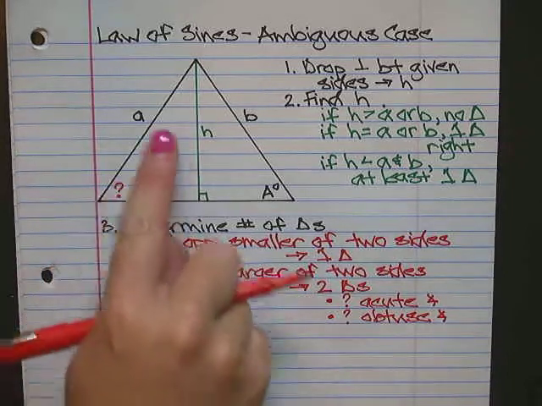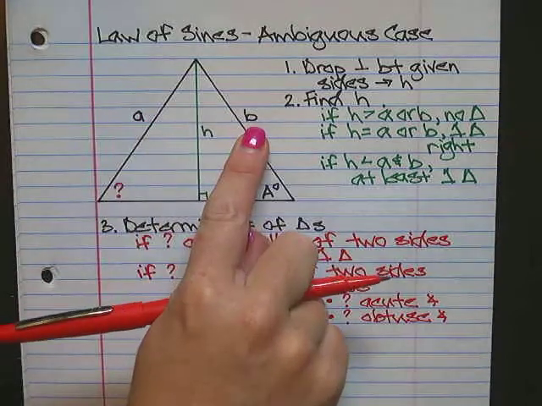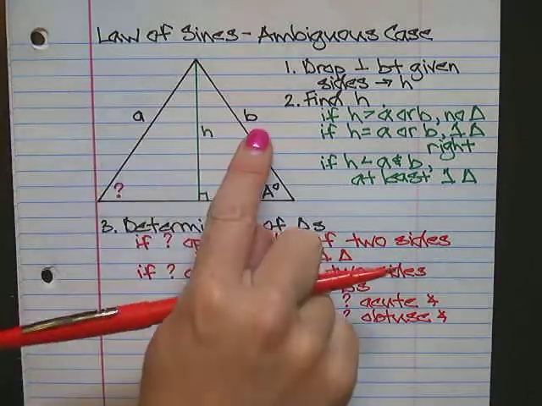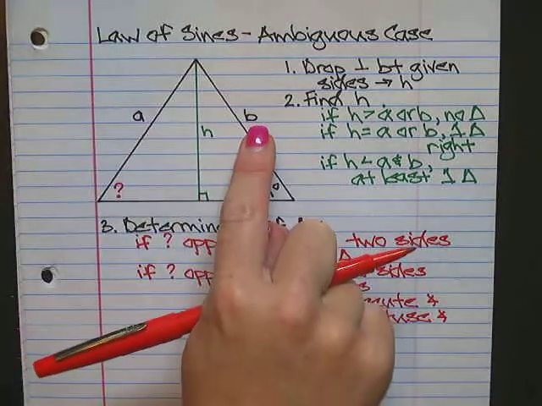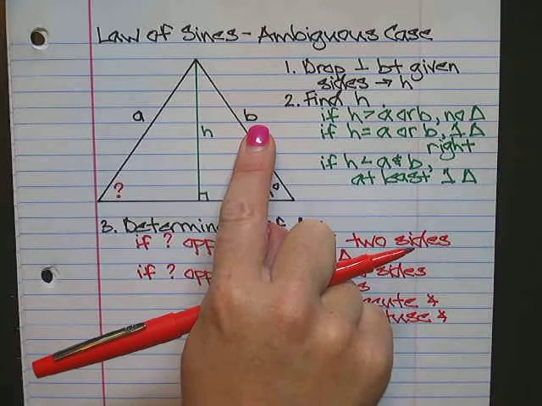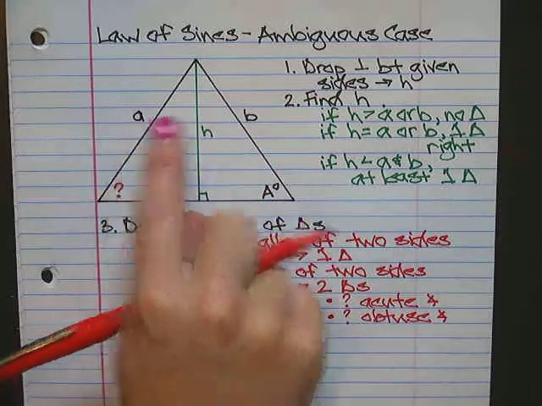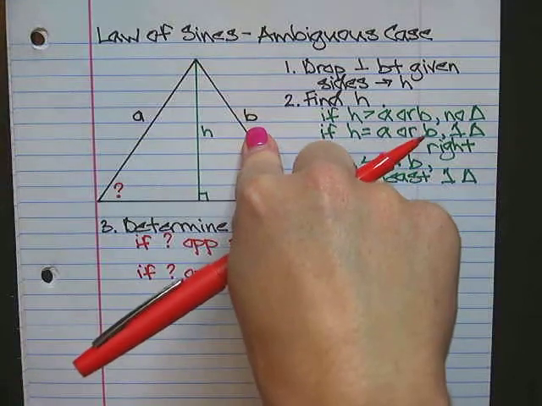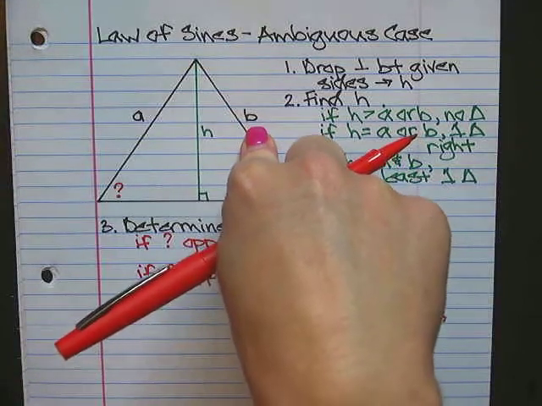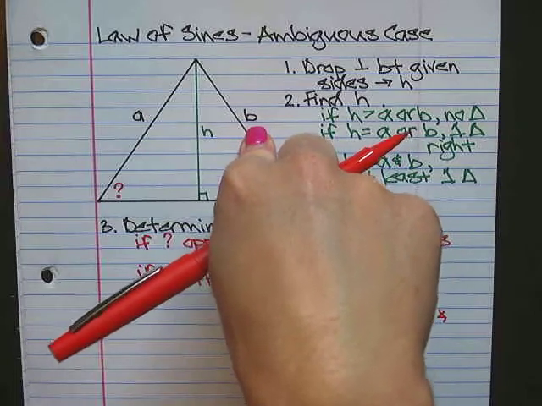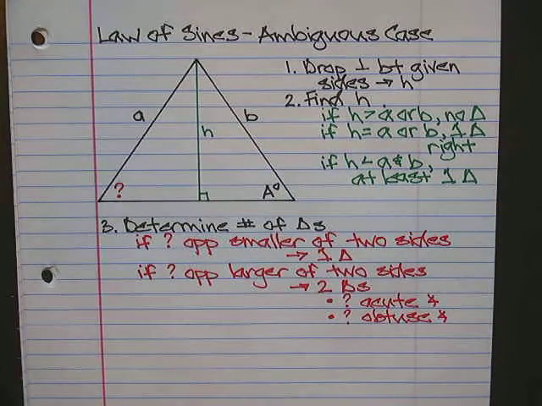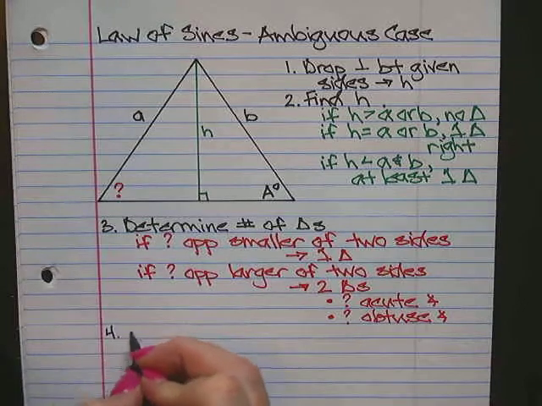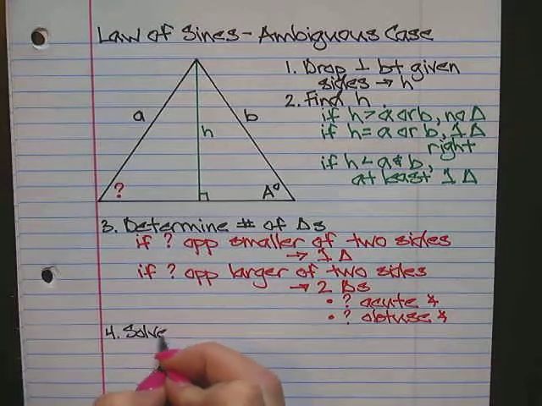So again, to determine the number of triangles, we look at this missing angle here. If it's opposite the smaller of these two sides, then there's only one triangle. If it's opposite the larger of these two numbers, then there are two triangles, one acute and one obtuse.